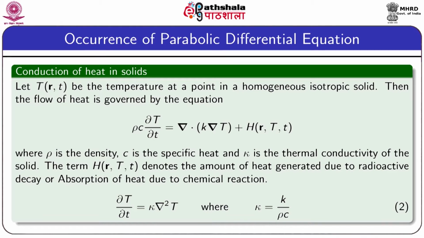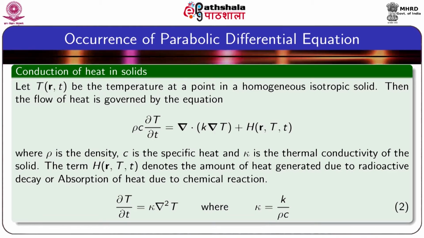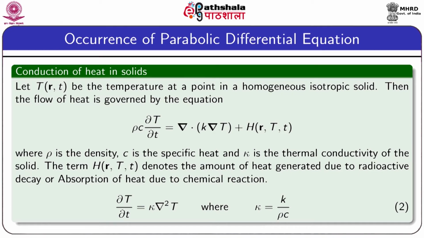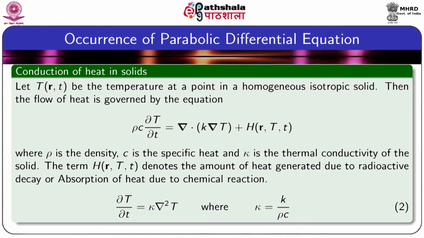If in particular we assume that capital H is equal to 0 and the parameter K, or the thermal conductivity of the solid, is a constant, then the above equation reduces to the form del T by del t is equal to kappa Laplacian T, where kappa is defined as K by rho C. The equation is written in equation number 2, and if you observe equation 2, this is nothing but the heat equation.